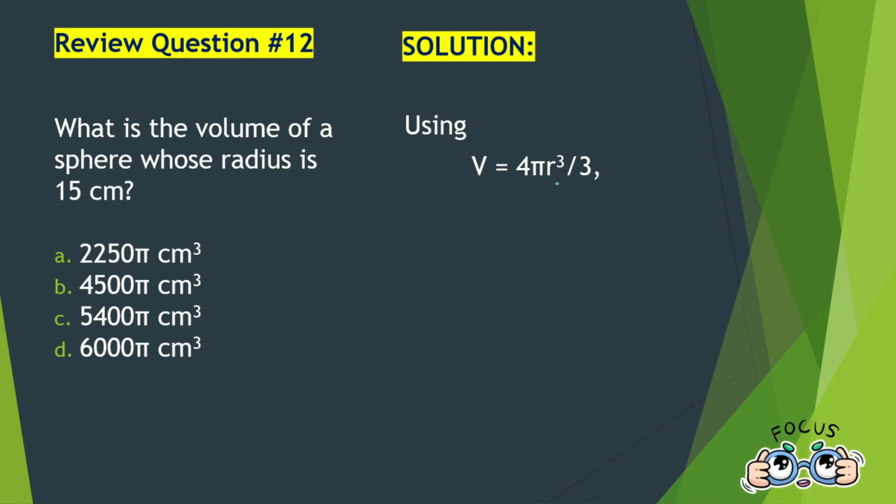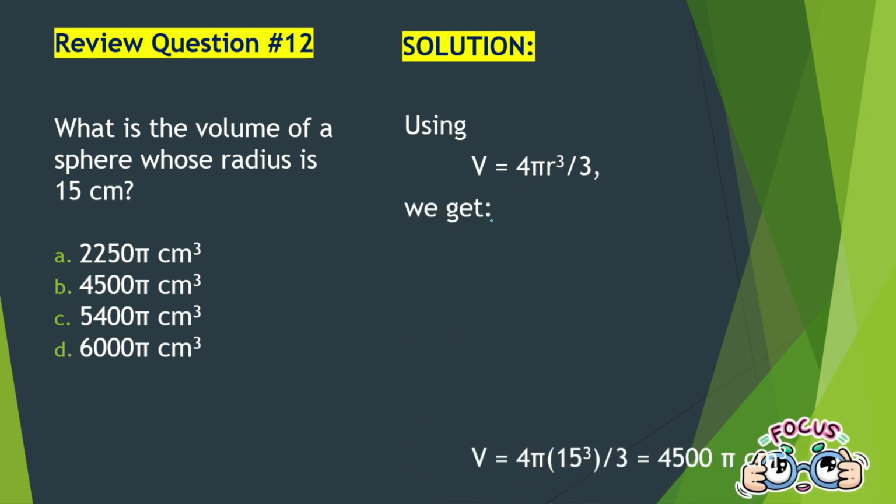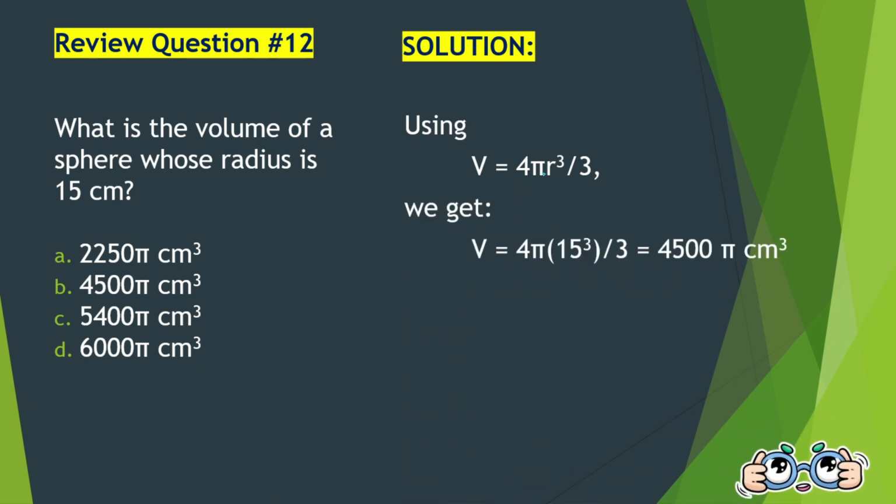We have 4 pi r cubed all over 3. Take note of that. So r is equal to 15 centimeters, which is equivalent to 15 times 15 times 15 times 4 all over 3. You will get 4,500 pi cubic centimeters.